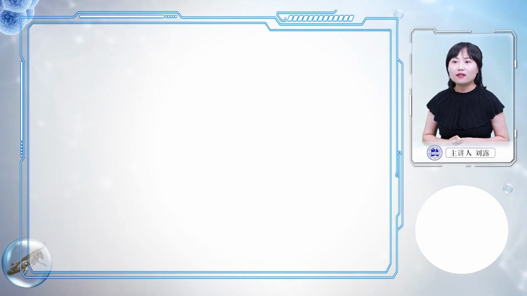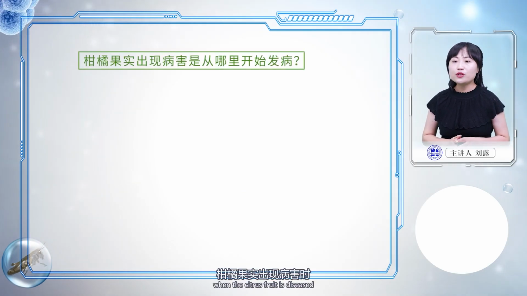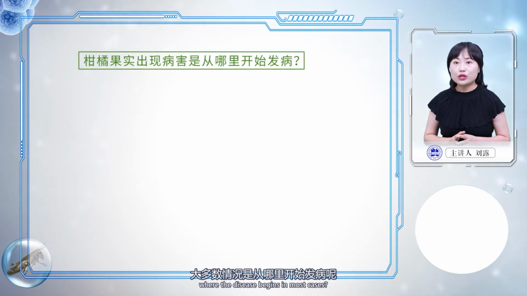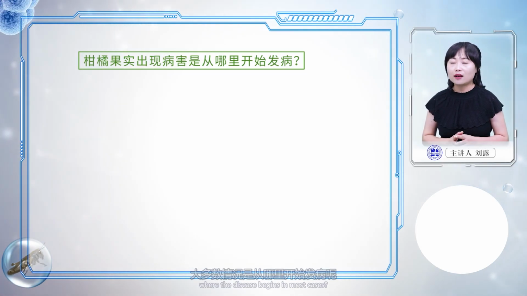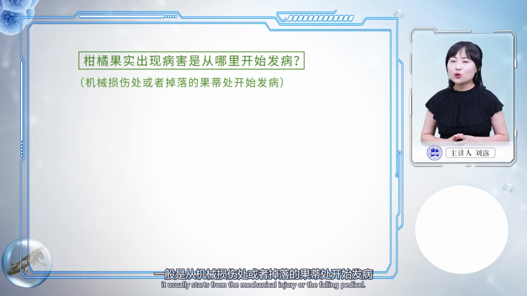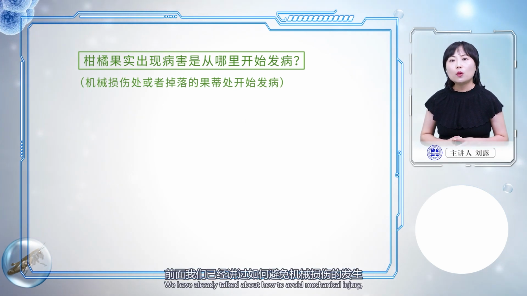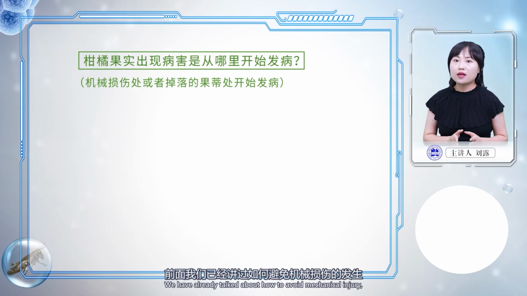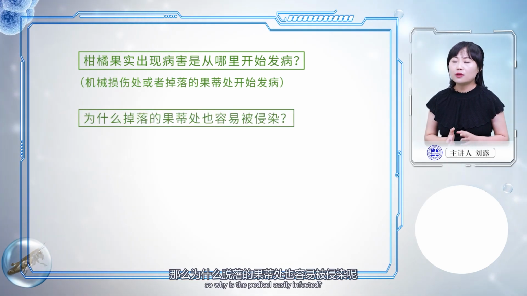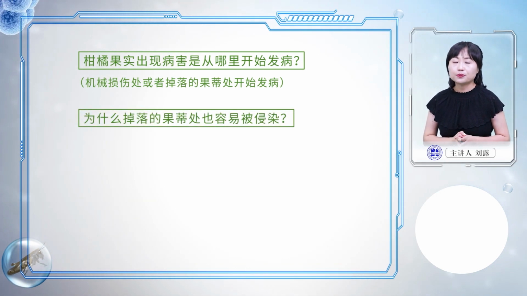Have you ever noticed when the citrus fruit is diseased, where the disease begins in most cases? Yes, it usually starts from the mechanical injury or the falling pedicel. We have already talked about how to avoid mechanical injury, so why is the pedicel easily infected?